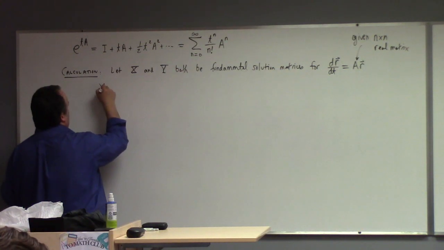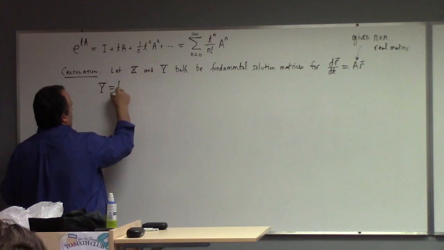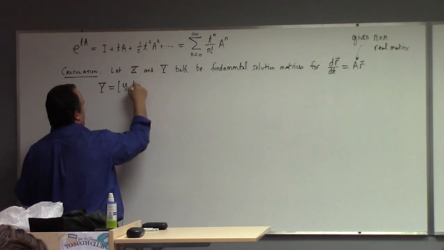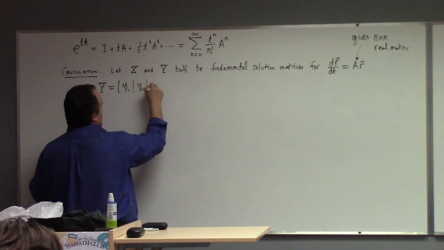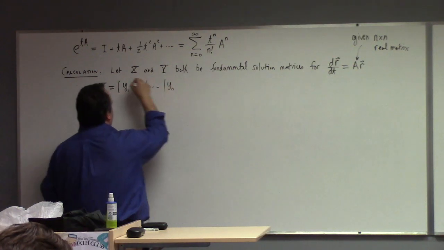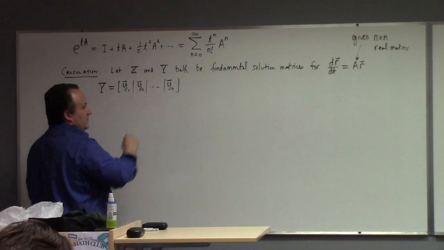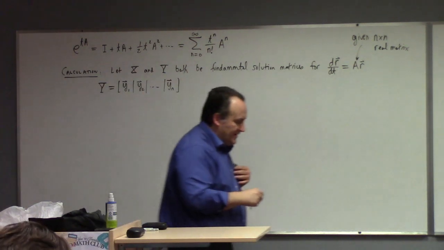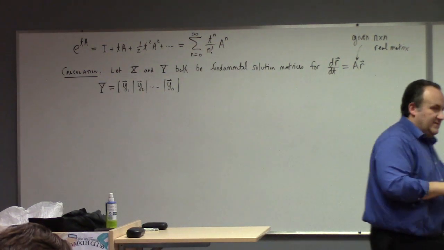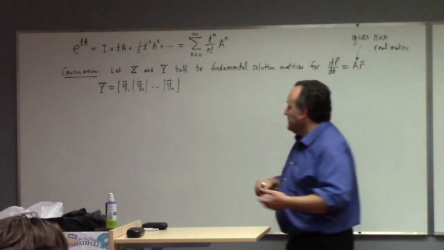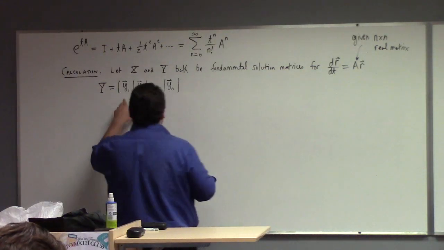Y is equal to, let's say for the sake of discussion, y1, y2, through yn. I'll put vectors on those to emphasize that we're talking about a vector valued function of time. Each one of these columns is a vector valued function of time. So those are all separately solutions, right?